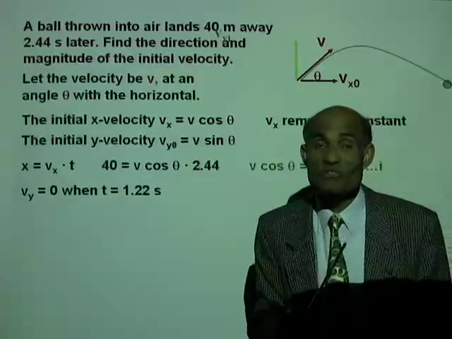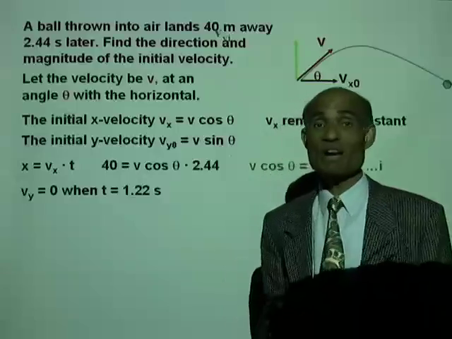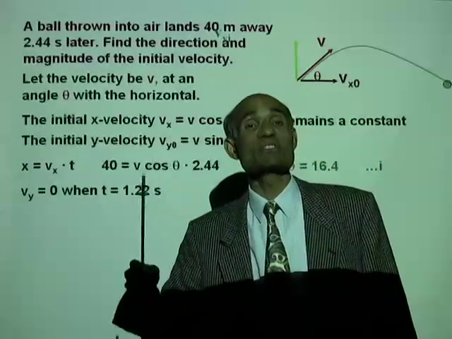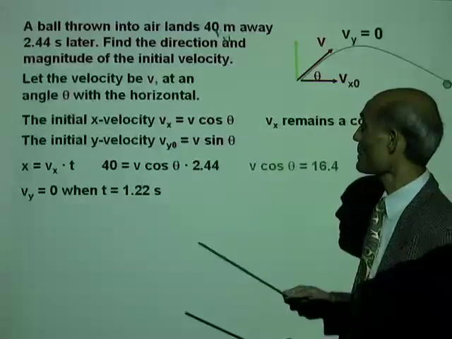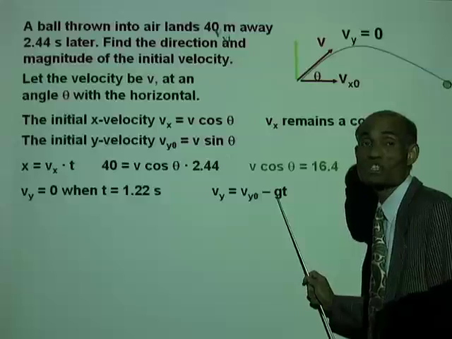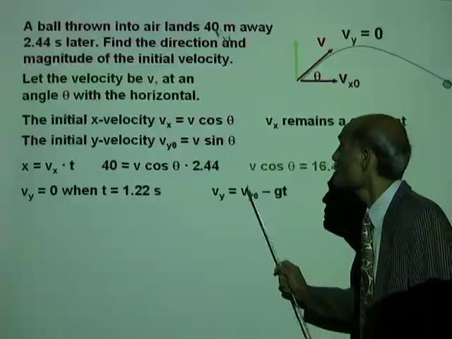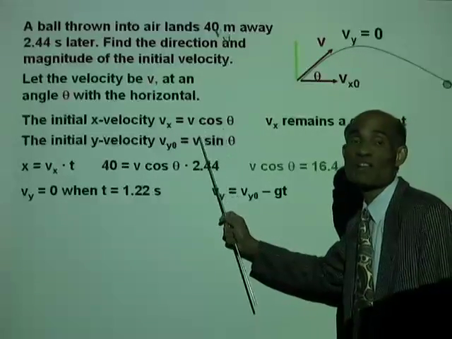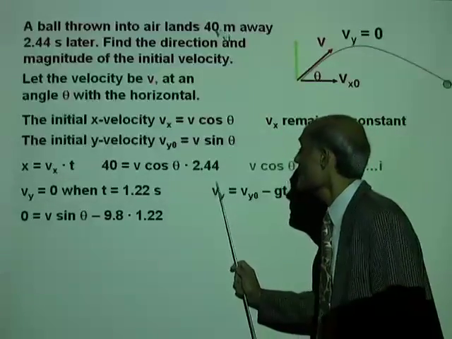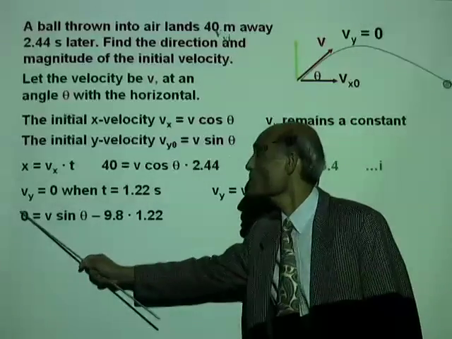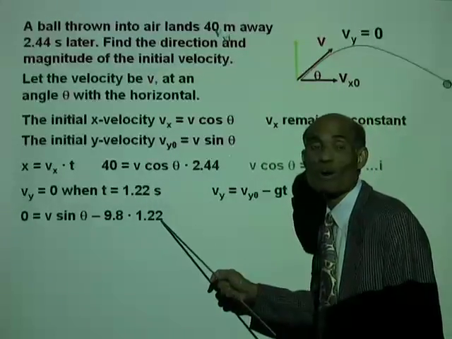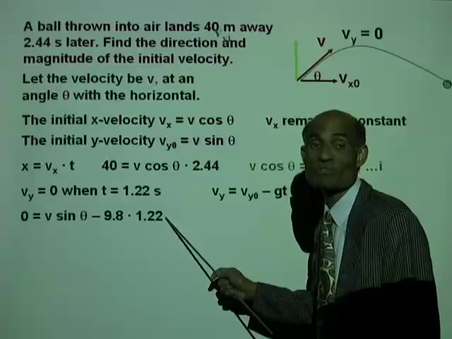And what is the expression for the y velocity? The y velocity Vy is Vy0 minus gt. Is that right? And this Vy0 is v sin theta. All right, so this Vy will be equal to 0 when t equals 1.22 seconds, half the time of flight.